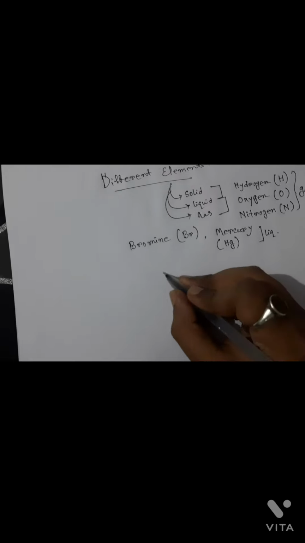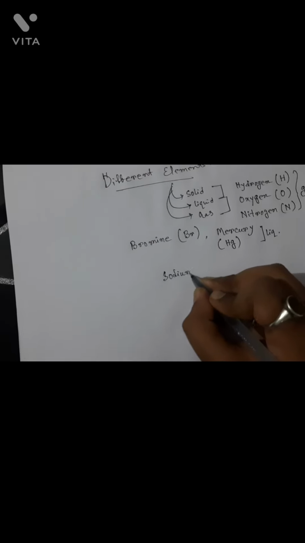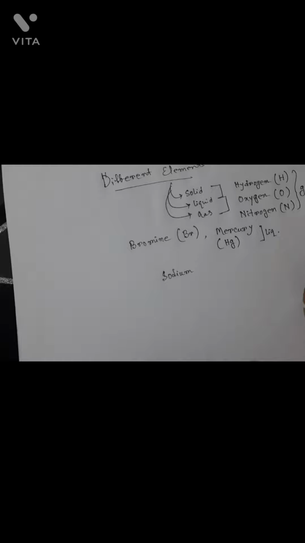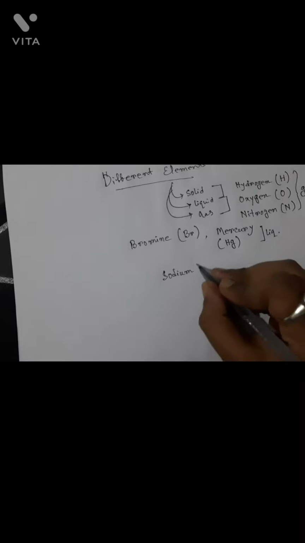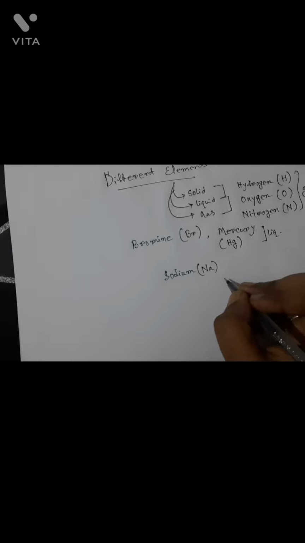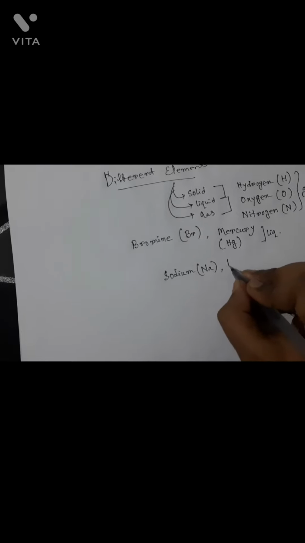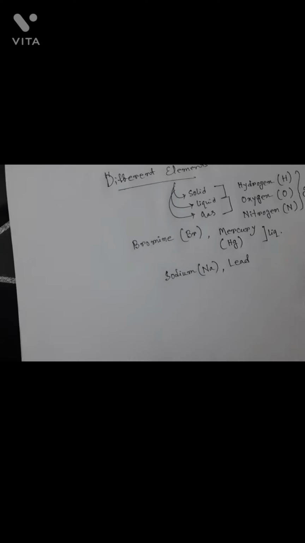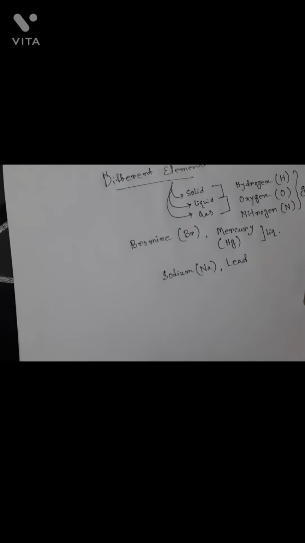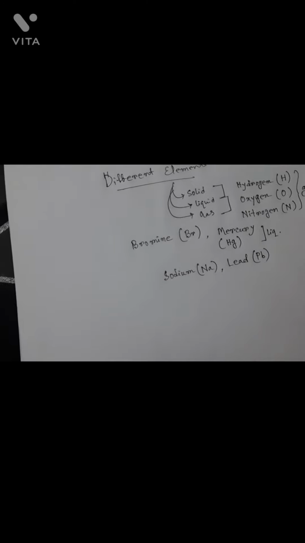And the different other metals, say for sodium, which is represented by its Latin name natrium and the symbol Na. Similarly for lead, which is represented by its Latin name plumbum and the symbol Pb.